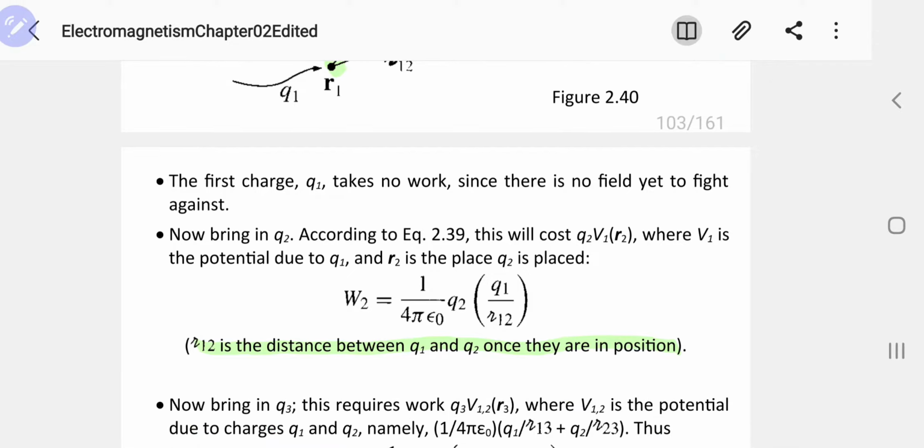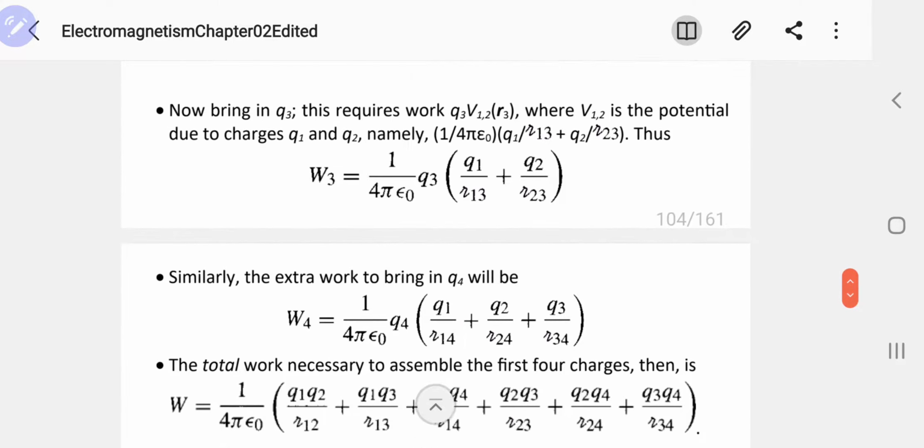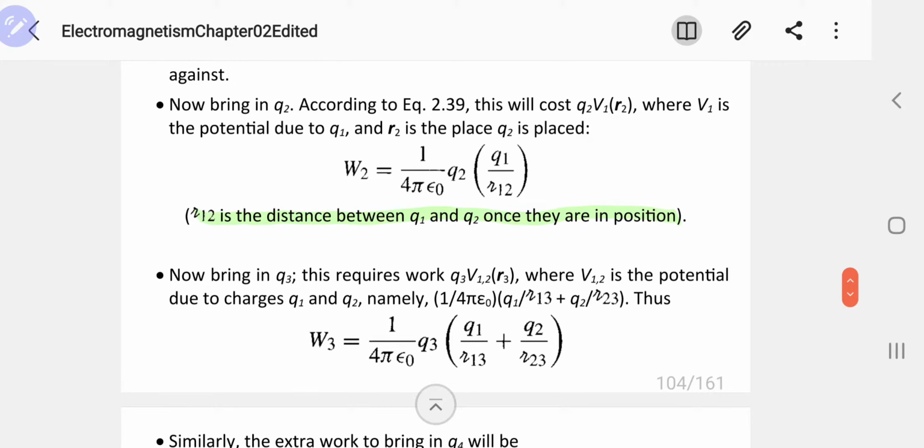So let's go now. If we take another charge Q3, Q3 will experience an electric field from Q1, so there's work done against the force that Q1 exerts on Q3, and also, since there is the presence of Q2 there, Q3 will also have to do work against Q2.